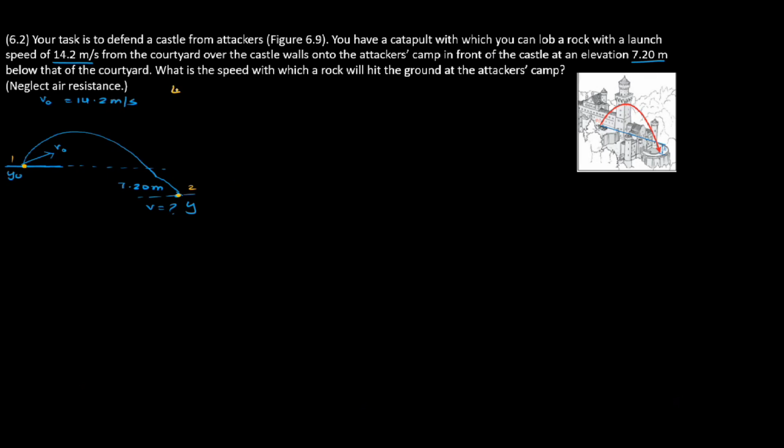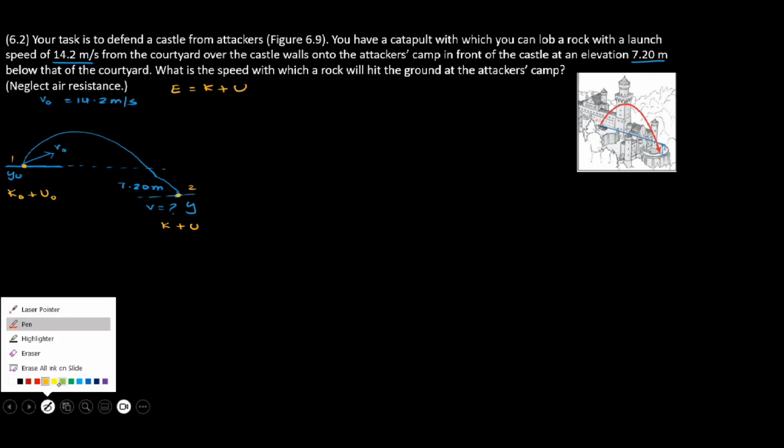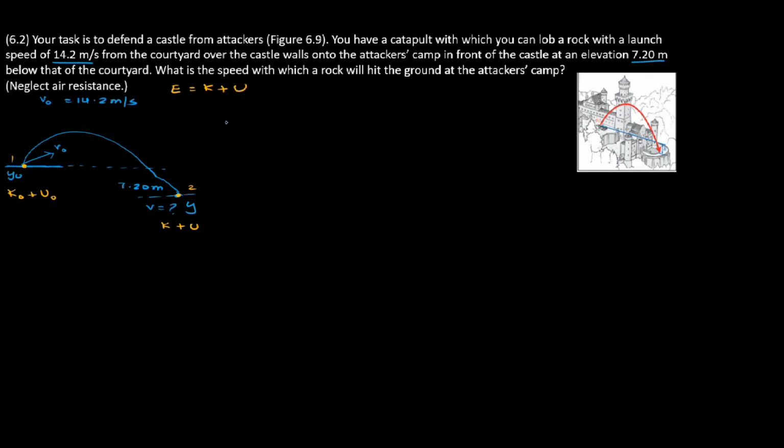Now, total energy is the sum of kinetic plus potential energy. So kinetic plus potential energy at the initial point must be equal to kinetic plus potential energy at the final point. We are going to use this rule to calculate the final velocity. Let me write that down here. We know that kinetic energy is half m v squared.